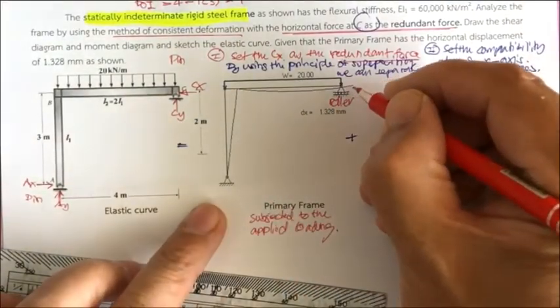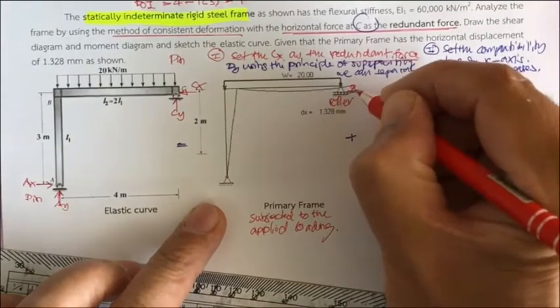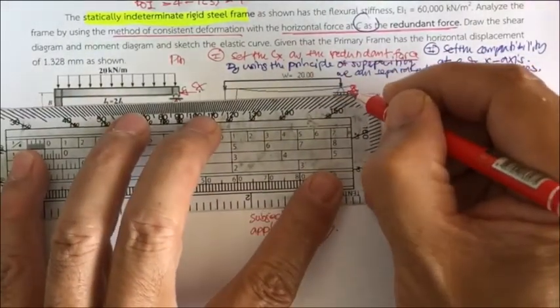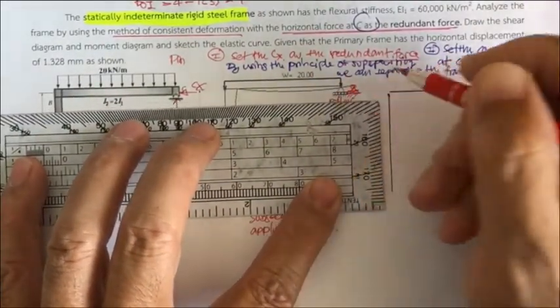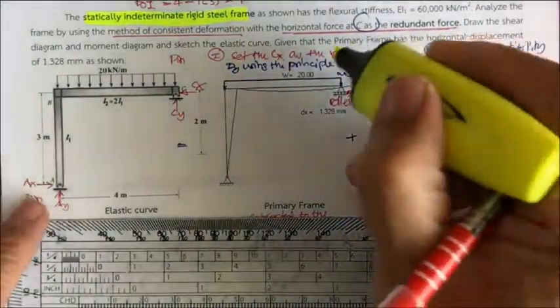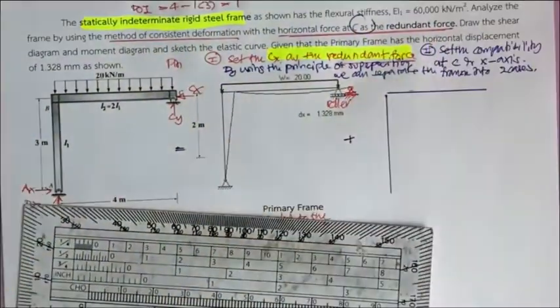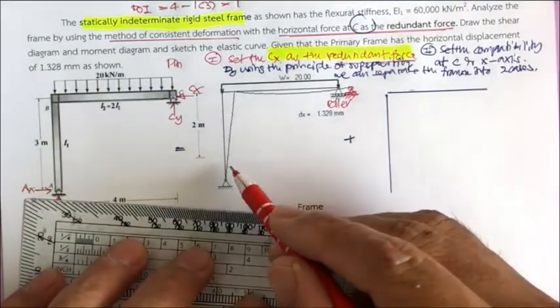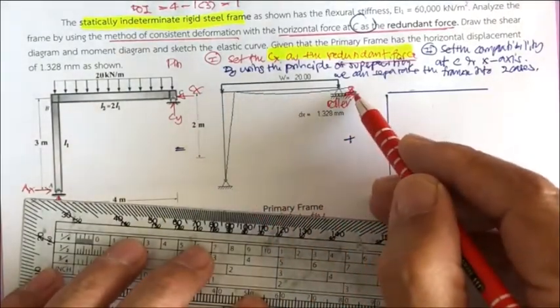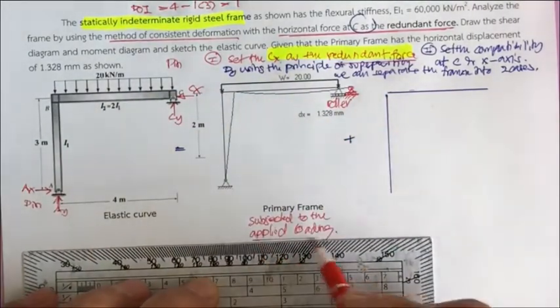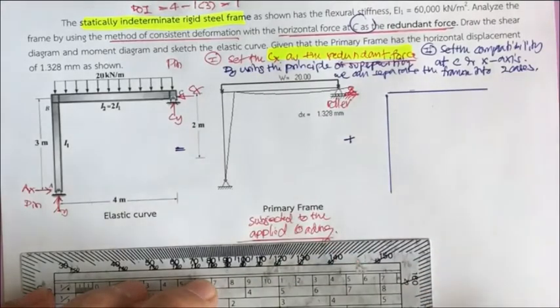Since this one changes from the pin to the roller, because we set this one as the redundant, this frame will deform like this under the given loading.